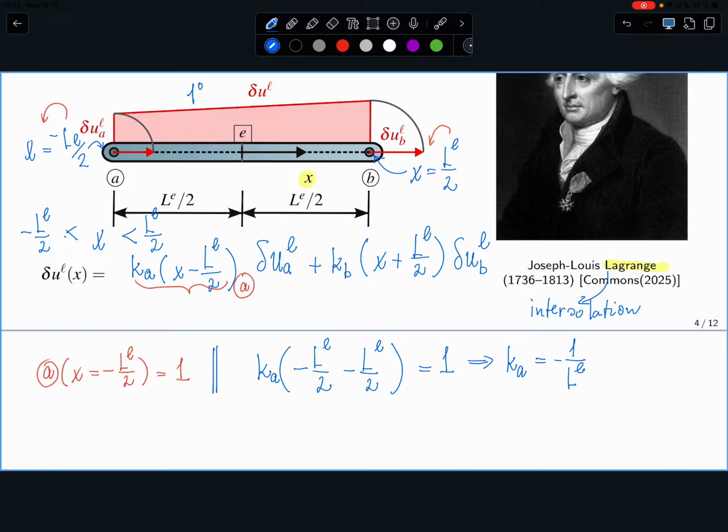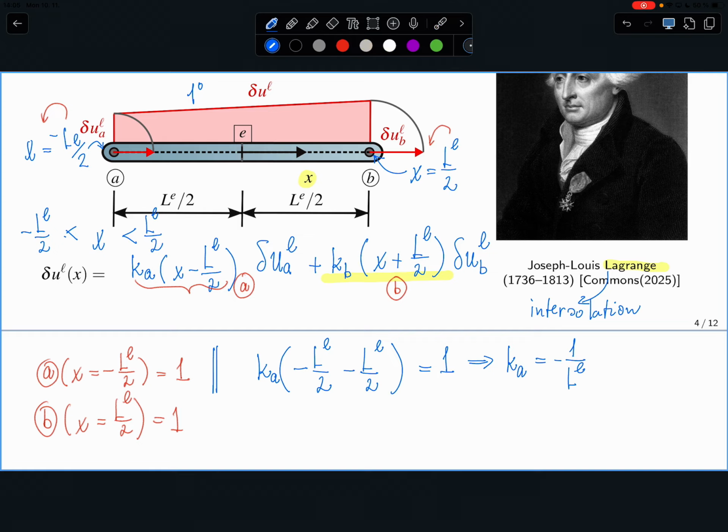And if I now repeat this argument again, I need to make sure that this b at x equal to LE over 2 becomes 1, because if I'm here, I just would like to see this value. This one does not contribute by construction.